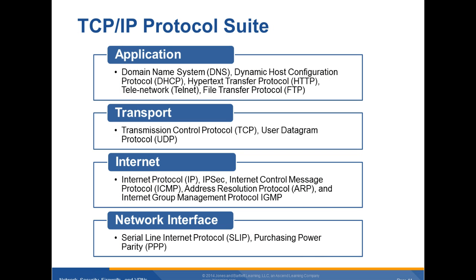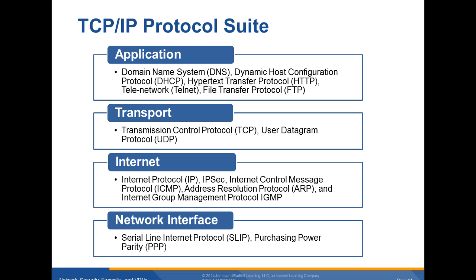The TCP/IP protocol suite: here the application layer, which is at the highest level, includes the following application protocols: the domain name system, DNS, the dynamic host configuration protocol, DHCP, the hypertext transfer protocol, HTTP, telnet, which is rarely used today, and file transfer protocol, FTP.